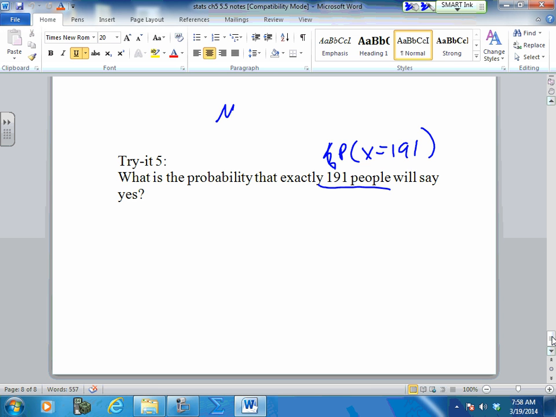So you keep the same mean and the same standard deviation. Just expand your bar for your exactly, and you work out your z-scores. If you use your calculator, this is a great one to do with the in-between. Find your mean, your standard deviation, and do the lower limit, the low end of the bar, the upper limit, the high end of the bar.